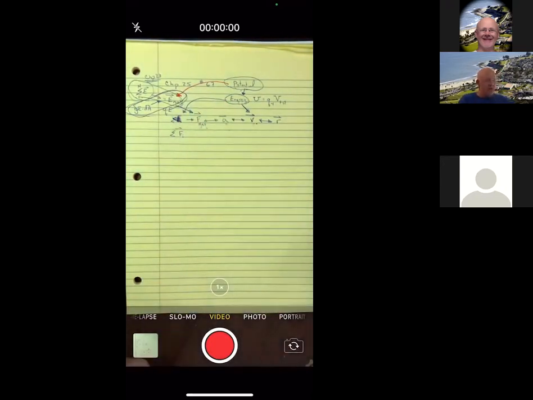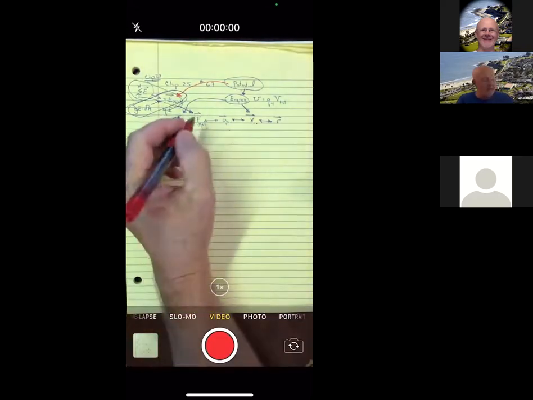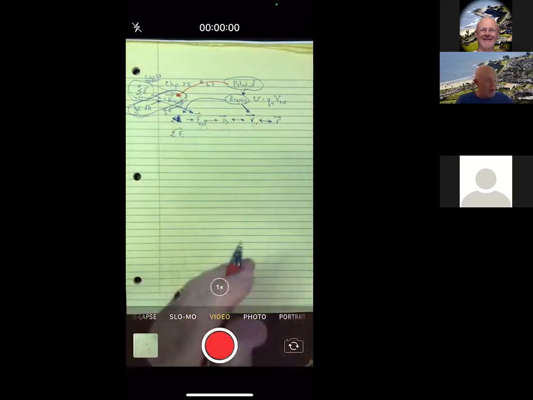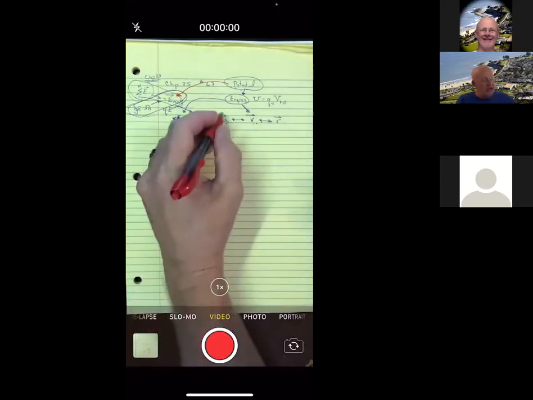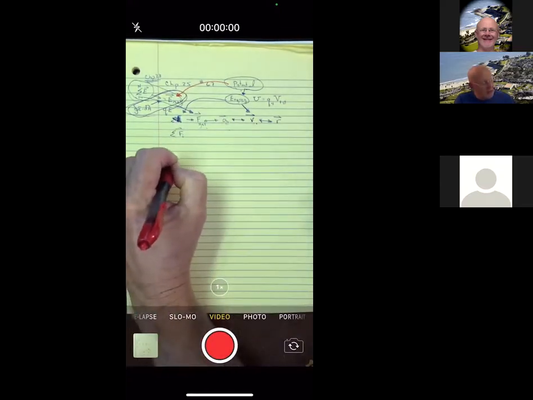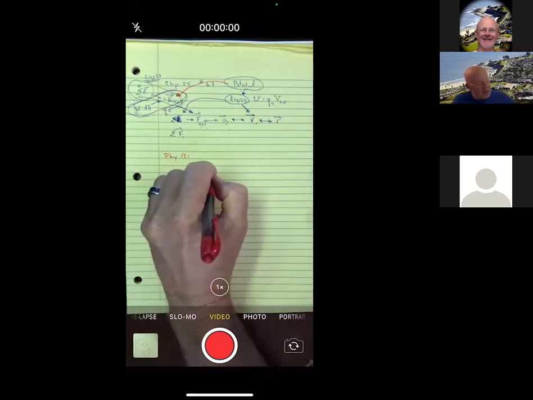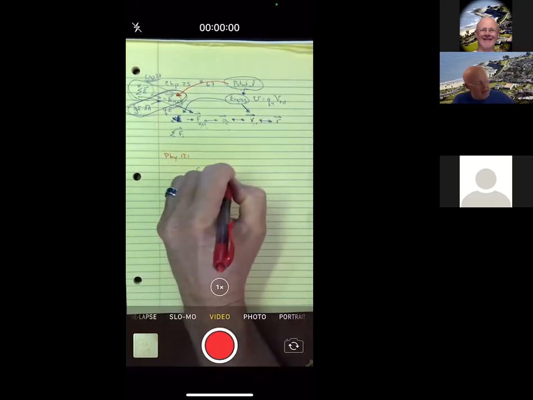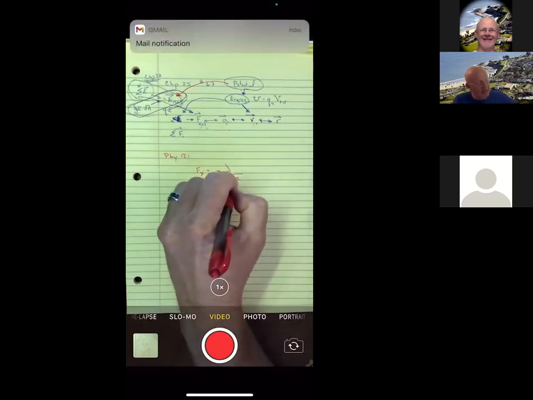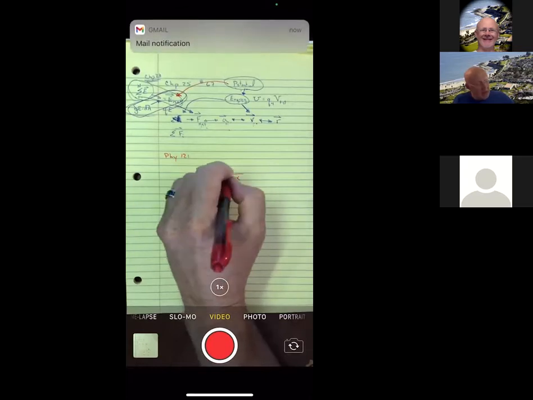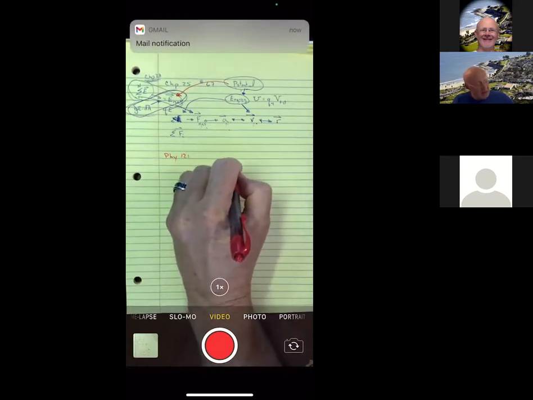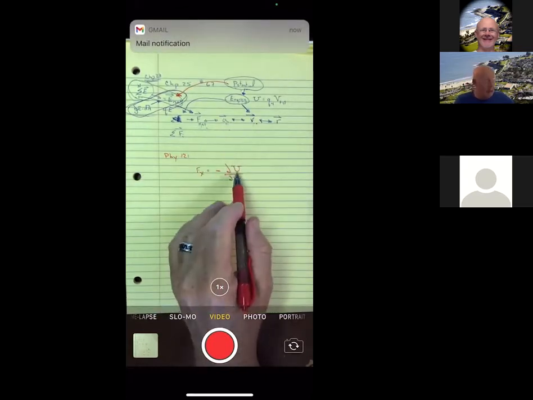I hope I wasn't too long-winded here, probably was, but I wanted to say, just like in physics 121, we learned that the force in the x direction would be negative the derivative with respect to x of the potential energy.